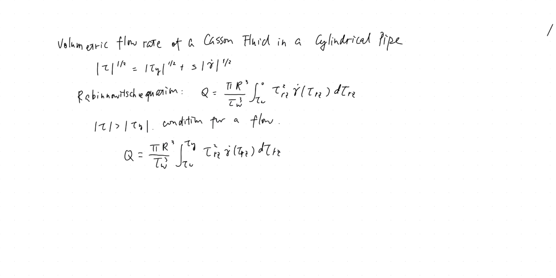And to simplify the notation, we are going to drop the subscript rz for the rest of the derivation. So we will just use tau to refer to the shear stress in the pipe. And notice that for the pressure-driven pipe flow, the shear stress is actually negative, and the gamma dot is also negative.